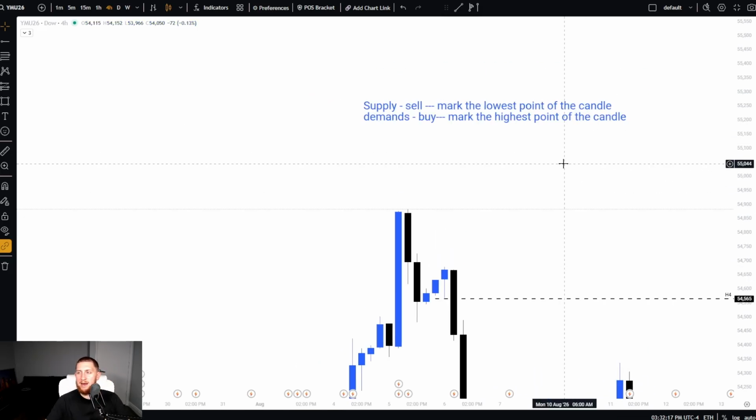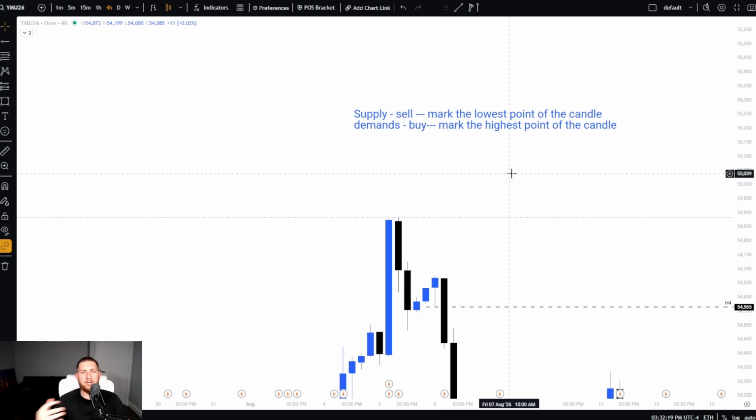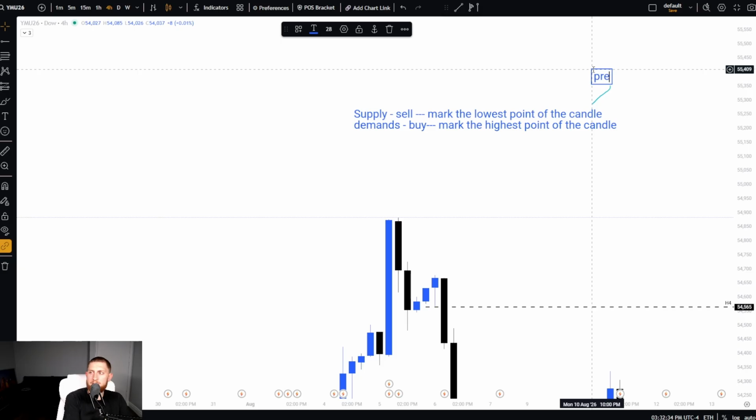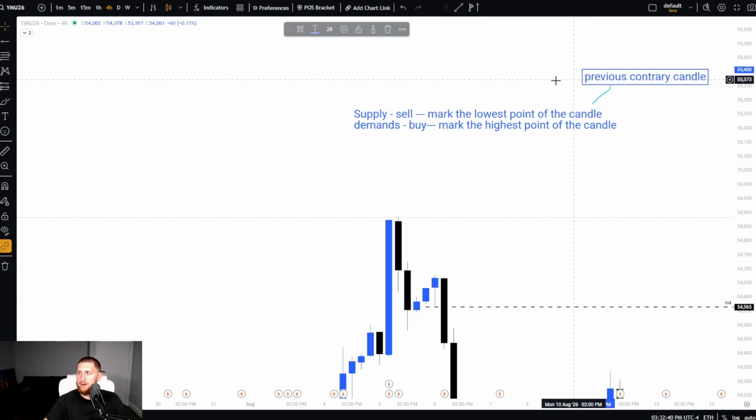Now, when I say of the candle, if you don't know my strategy or you don't know much about supply and demand, you're probably wondering, what candle are you talking about? There's a whole bunch of candles, Alex. The candle that I'm talking about is called the previous contrary candle, okay? The previous contrary candle.